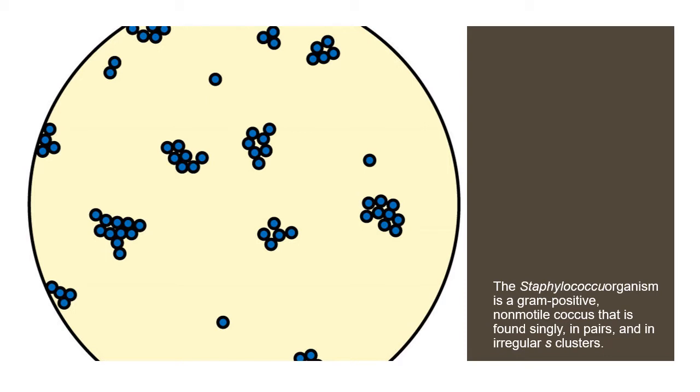This is how you can show the difference between strep and staph. Strep looks like a string of pearls. Staph looks like a cluster of grapes. Strep, community-acquired. Staph, generally hospital-acquired or community-acquired.